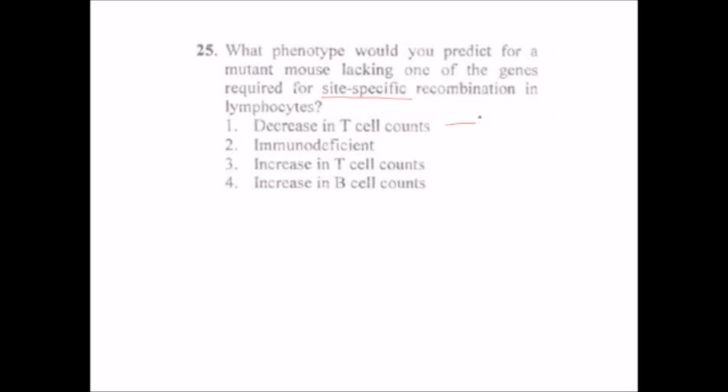We know that the gene has segments like gamma, alpha, and most of the time we get expression of immunoglobulin M. But if this site-specific recombination does not take place, then there will be neither formation of T cells nor B cells. This is due to the lack of rearrangement of immunoglobulin genes. So it leads to immunodeficiency diseases.